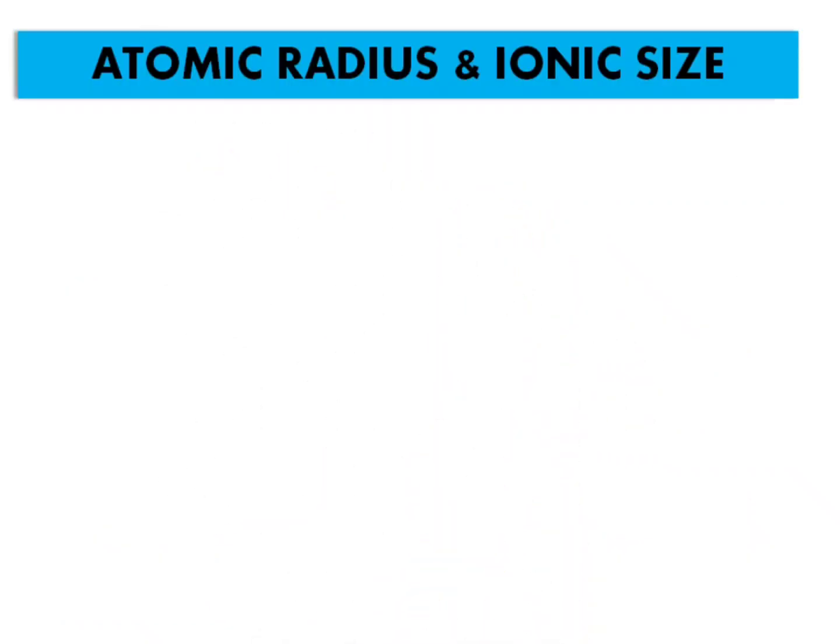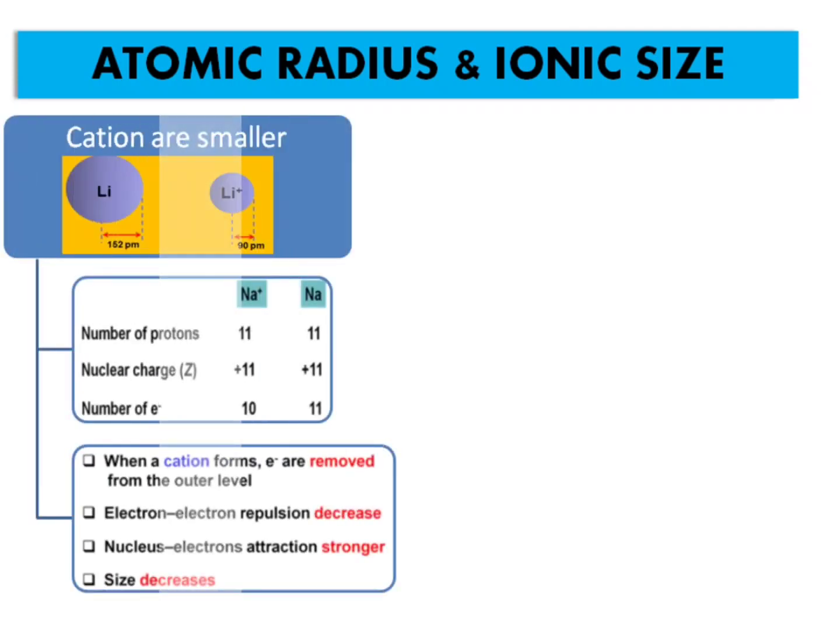Alright guys, so next we look at atomic radius and ionic size. Okay, what is the difference between size atom dengan size ion? Okay, we look at the cation first. Okay, cation adalah ion yang bercharge positif. Okay, so for example we have lithium here.